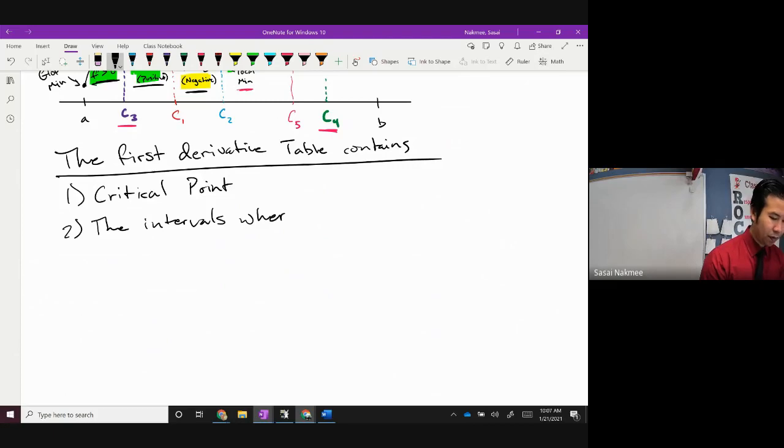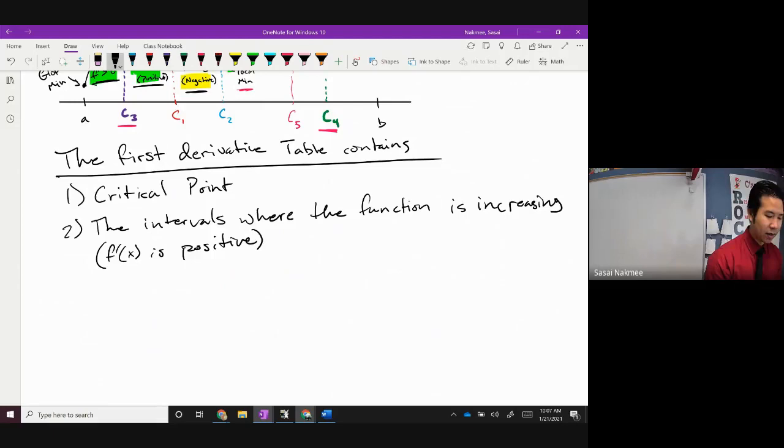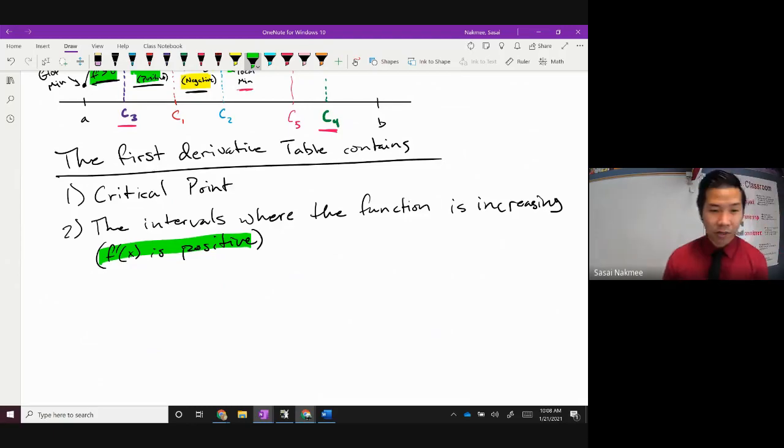where the original function, not the derivative, the function is increasing. Where the function is increasing, and this occurs when f prime of x is positive. Right? We have that in the chart. Wherever f prime of x is positive, the function is increasing.